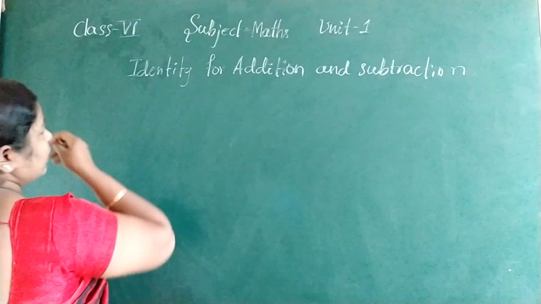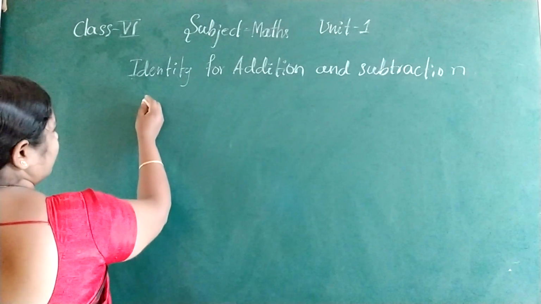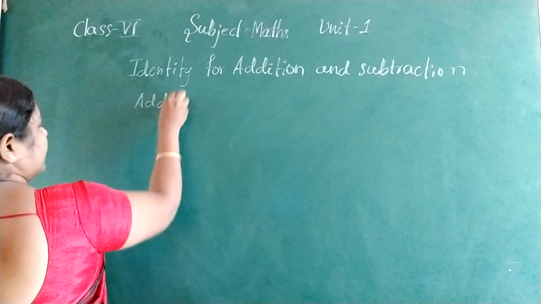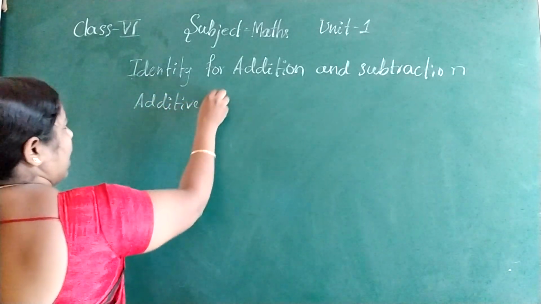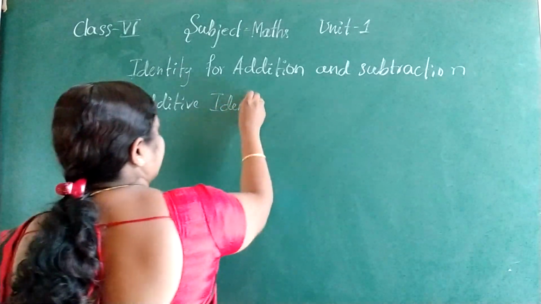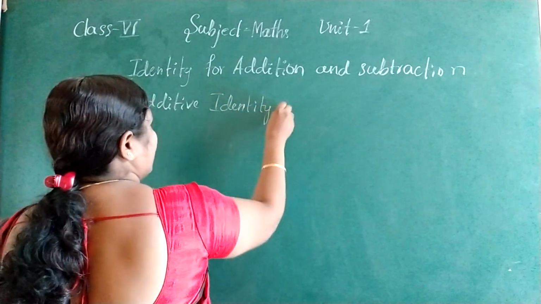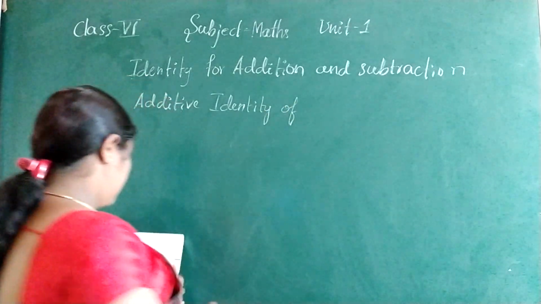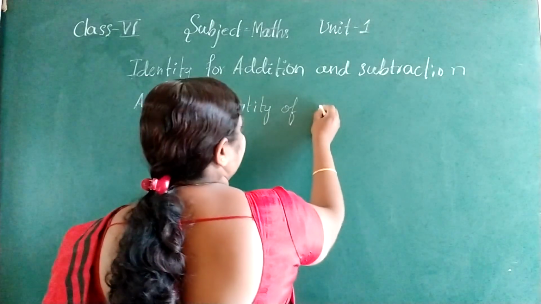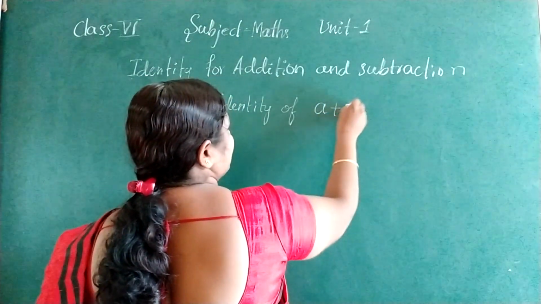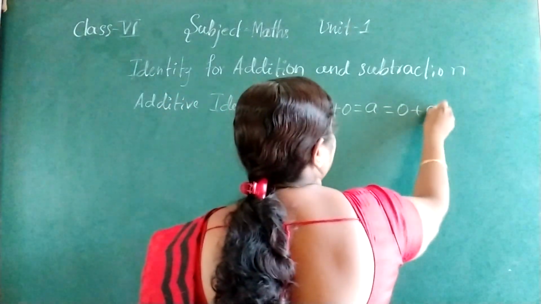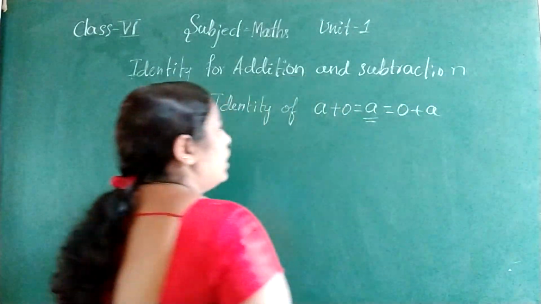What is the additive identity of whole numbers? As I told you already, a plus 0 is equal to a, or 0 plus a is also a.